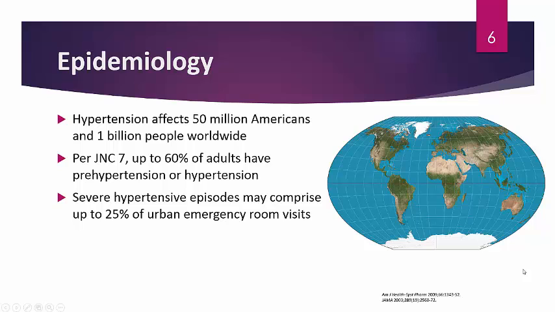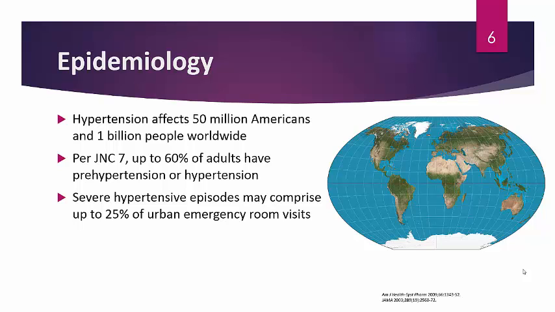In terms of epidemiology of hypertension as well as hypertensive crisis, as we mentioned before, hypertension affects millions of Americans and over 1 billion people worldwide. And these were statistics from a paper from 2009, so these numbers are likely to be even more now. Per JNC 7 guidelines published back in 2003, up to 60% of adults ages 18 and older have prehypertension or hypertension, making hypertension one of the most prevalent disease states in the world.